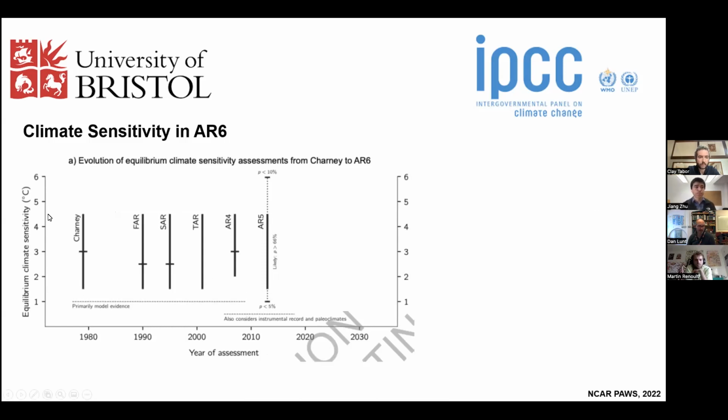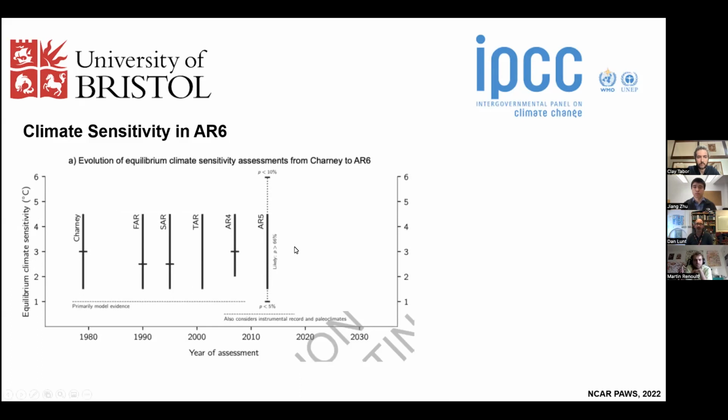with how ECS, climate sensitivity, how different key assessments, mainly from the IPCC here, from the 1st assessment report to the 5th assessment report, how that assessment had changed. And you can see the key thing, as everyone knows, is that the overall assessment of the likely range of climate sensitivity had not really changed since the mid-70s, since the first Charney report.